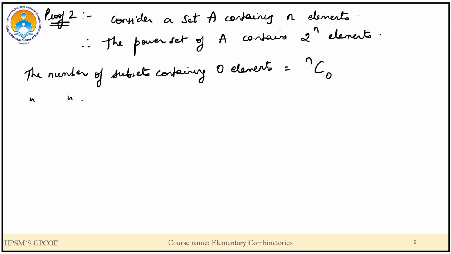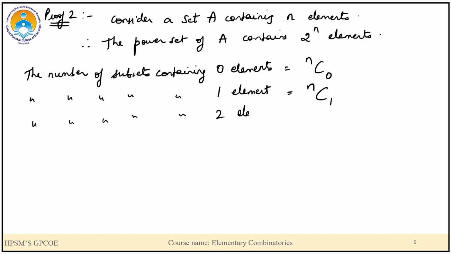Let us continue. The number of subsets containing one element. In how many ways can I form singleton subsets of A? This is simply equal to the number of elements present in A. If I have n elements, I am choosing exactly one element out of those n. So the number of ways in which I can create singleton subsets is nC1. Let us continue in this manner.